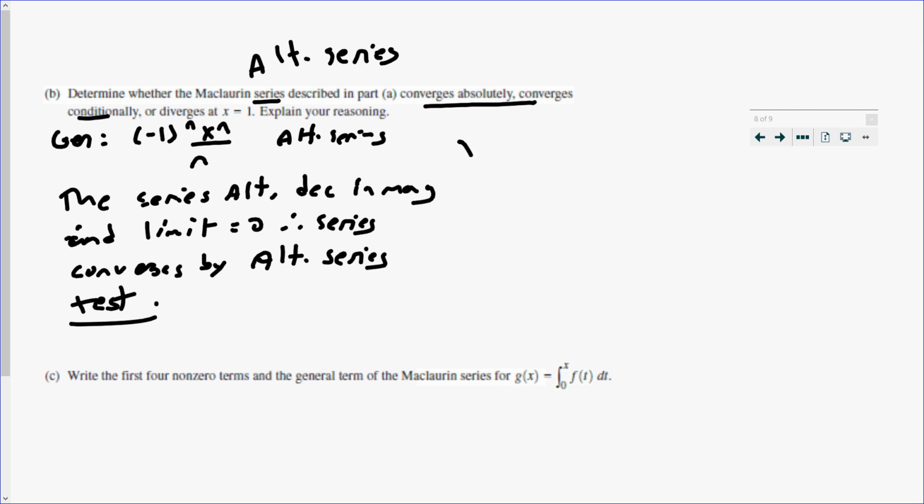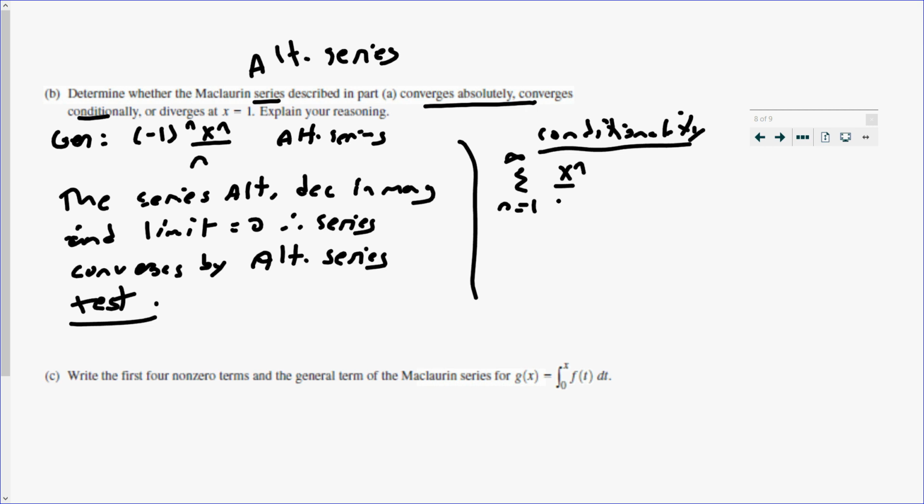And now they want to know conditionality. Well, conditionality talks about, well, it converges if it alternates, but what if it changes signs? Well, for that one, we can take the same series as we go from 1 to infinity, but now we're not going to worry about the negative part. The negative part just goes away. We get x to the n over n right here.